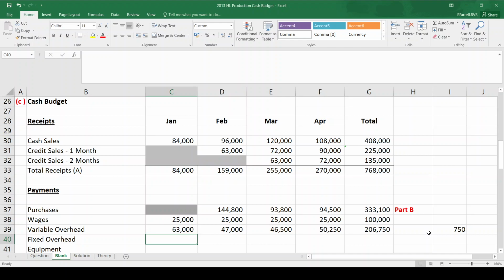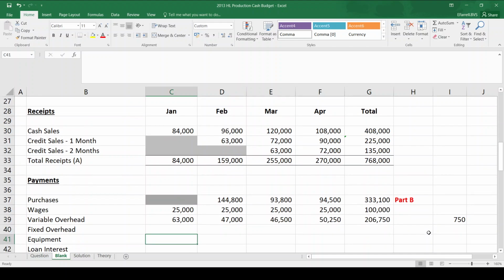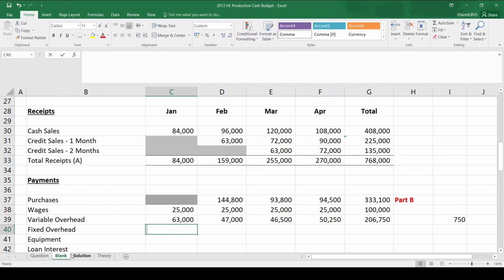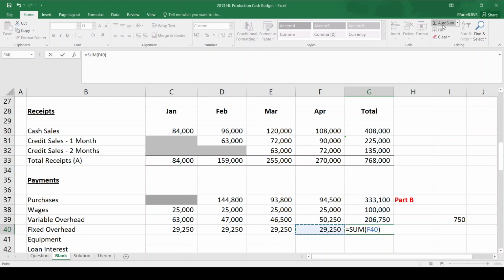So just write it down somewhere and show your working, just so you'll have it for later on. So now the fixed overhead, instead of being 30,000, it's going to be 30,000 minus 750, which is 29,250. That's going to be the same each month because it's fixed. And again, I'm just going to total those.